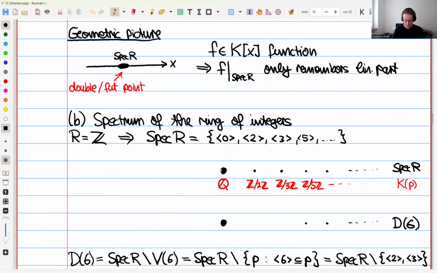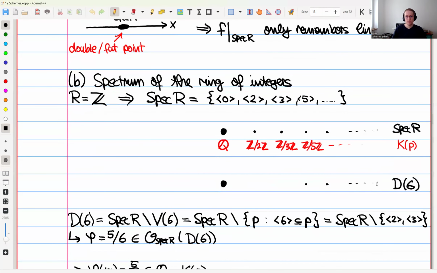And so Spec R you can write like this, just a sequence, 1 point for 0 and then 1 for each prime number. Then we can also write down what is k(p), namely the fraction field of the quotient. And so here Z modulo 0 is Z, and then if you take the fraction field, you get Q. And then at all these other points, you get these Z modulo pZ's.